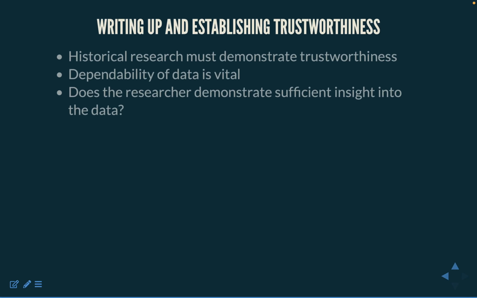As with all qualitative research, historical research must demonstrate trustworthiness. Dependability of data is vital, as there may be no way of confirming the truth of what was recorded other than the known reputation of the source. The question that must be answered is, does the researcher demonstrate sufficient insight into the data?